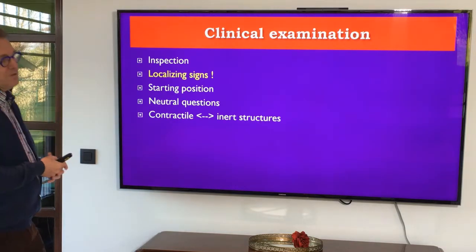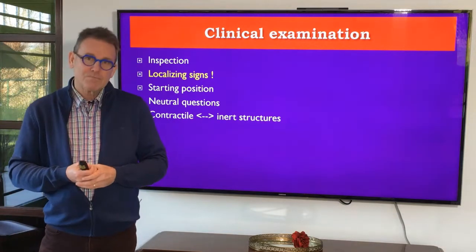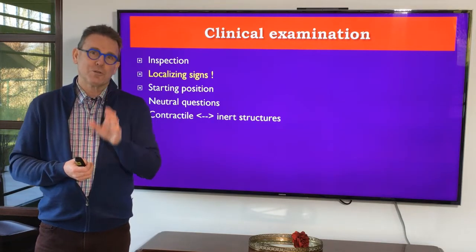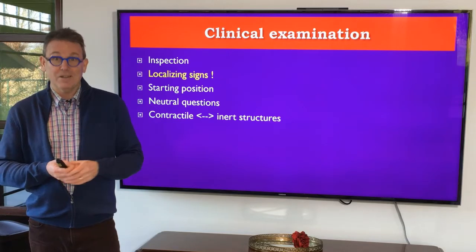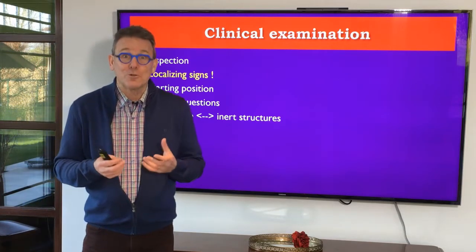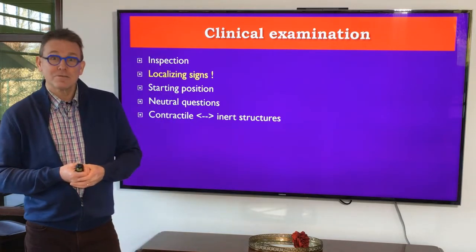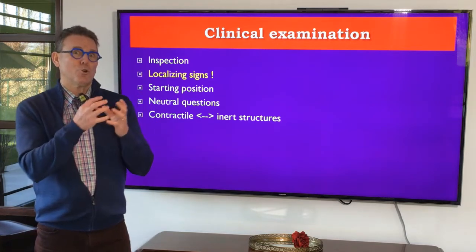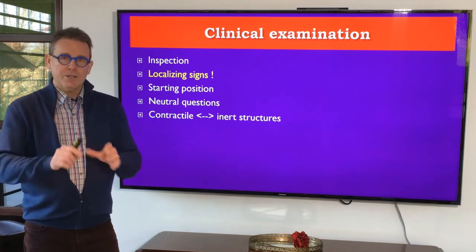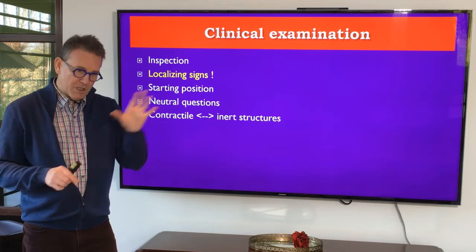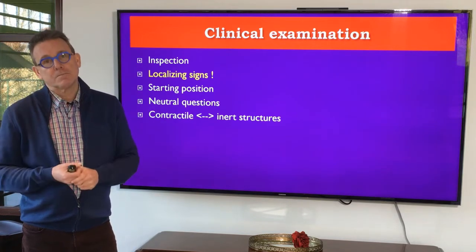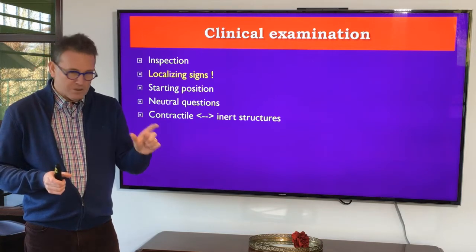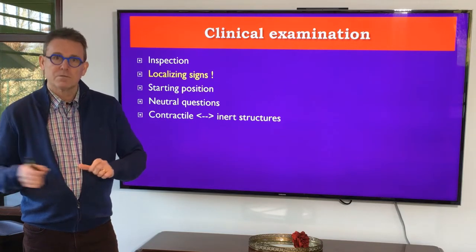What's the purpose of our functional examination? I would like to know who is responsible for the complaints, and if possible, a specific diagnosis. But I not only like to know who, I also would like to know where. And here we have a huge contrast between extremities and spine. The clinical reasoning system in the extremities is different than in the spine.